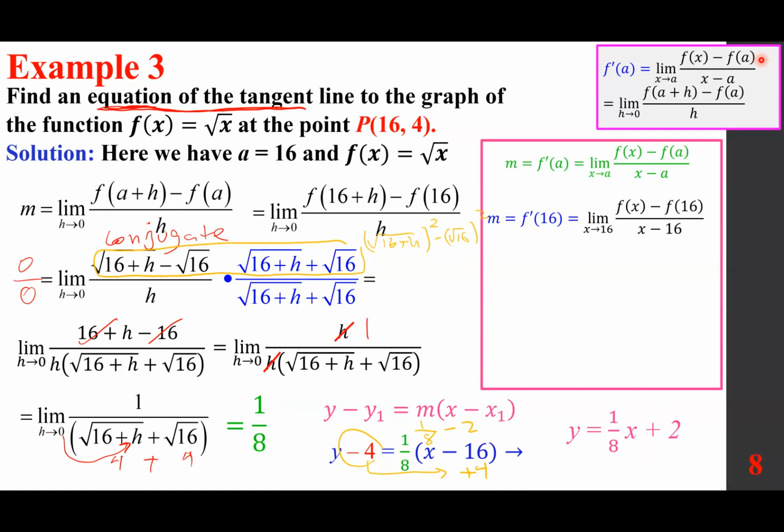So we have the limit to f prime of 16. We have the limit as x approaches 16 of f of x minus f of 16 over x minus 16. So what is f of x? Square root of x. What is f of 16? 4. You have to evaluate.